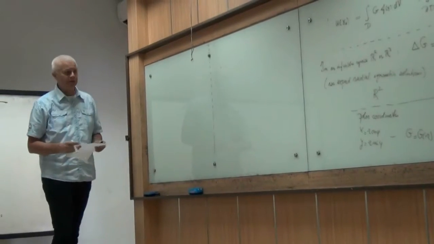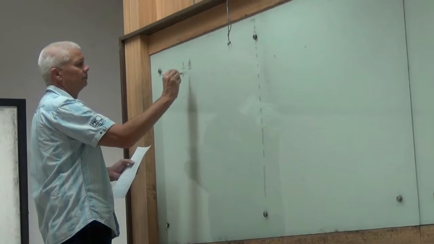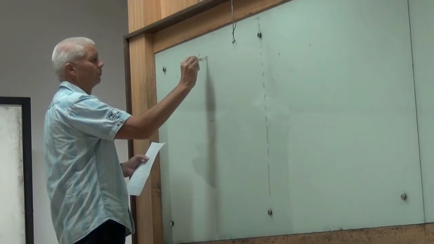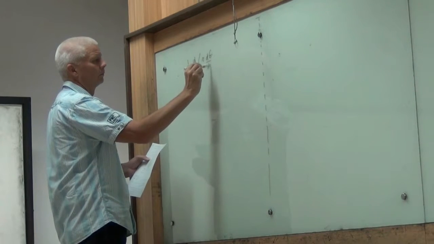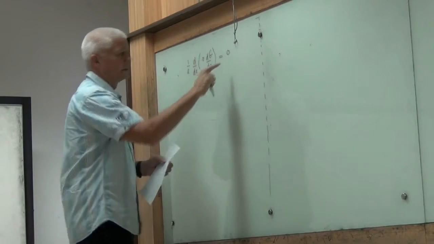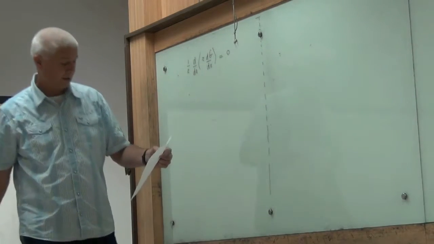So in polar coordinates, my differential equation becomes this, equal to zero if I'm not in the point r is equal to 0.